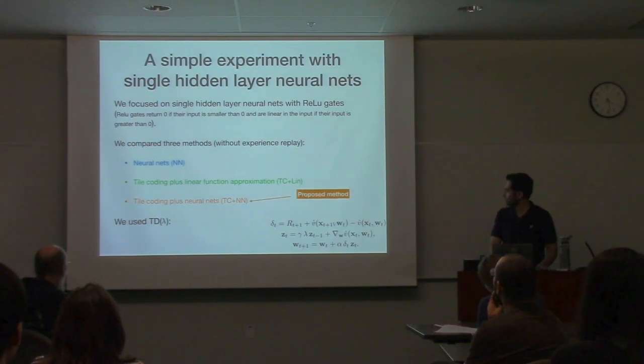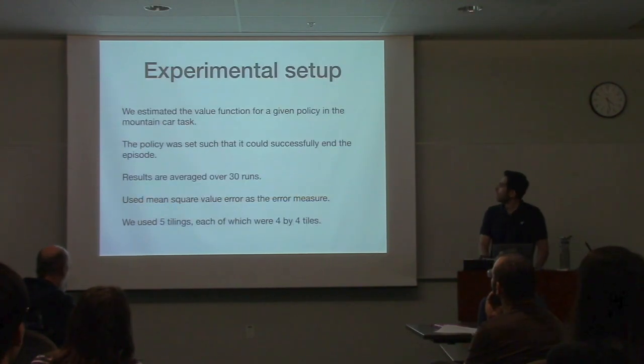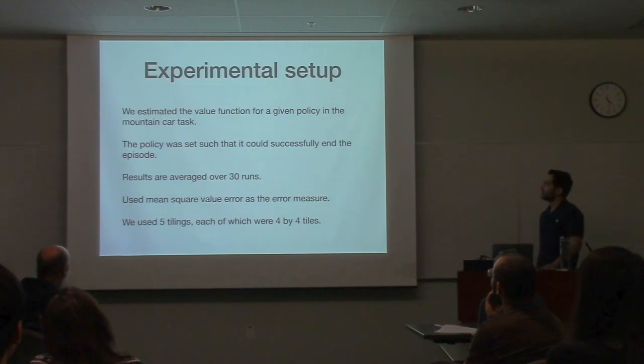And this is the familiar TD error that you see here. This is our function approximator. This is the eligibility trace. And this is the part that's going to be computed differently for linear and nonlinear function approximation. This gradient of the value function is going to be different. We estimated the value function for a given policy in the mountain car task.